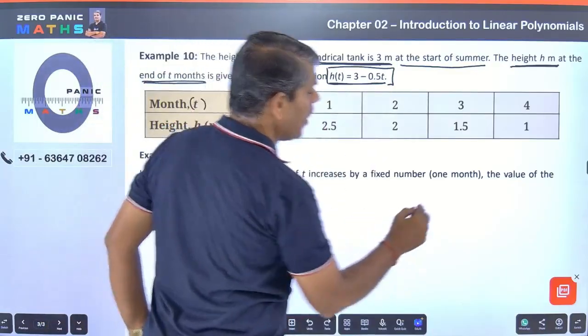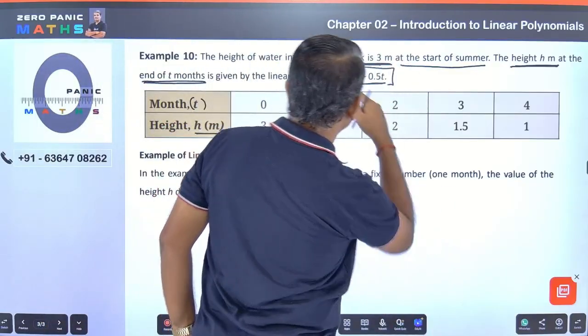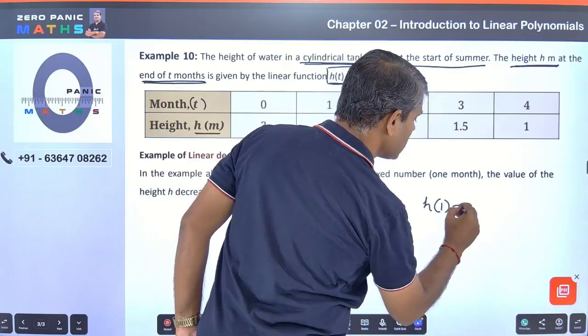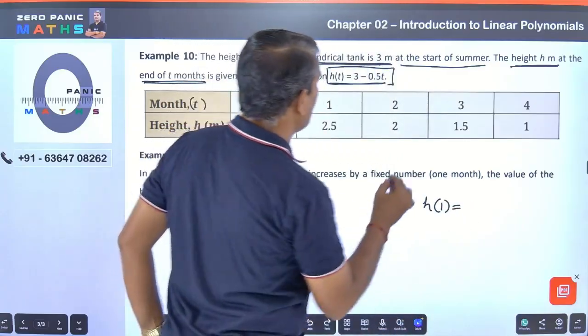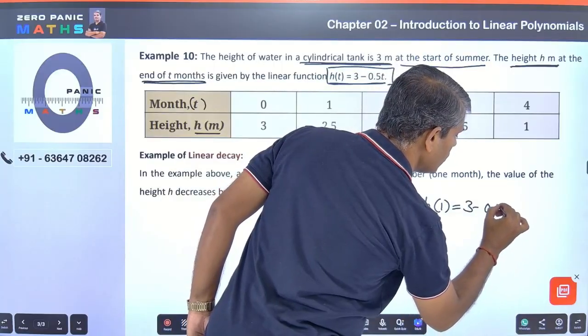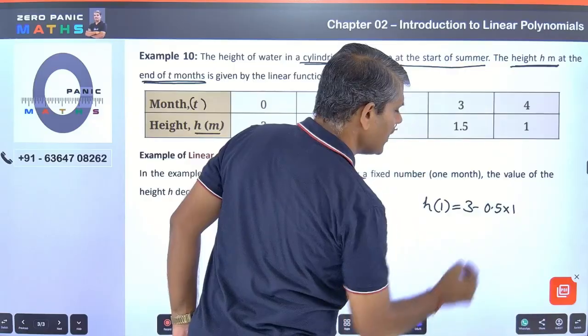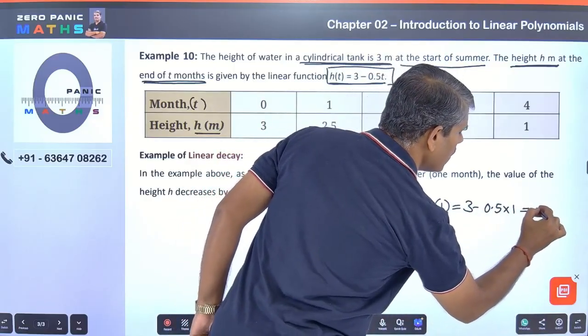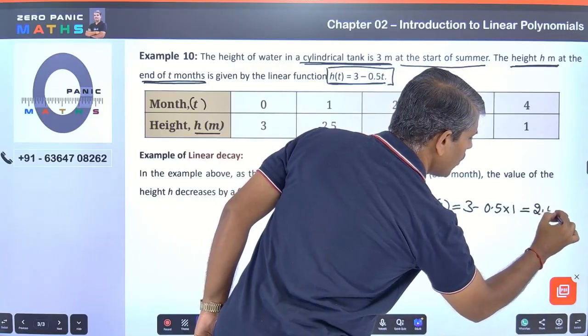Because after 1 month it will be h of 1. How do we calculate that? In place of t, you just replace 1. So 3 minus 0.5 into 1. If you subtract 0.5 from 3, it will be 2.5.